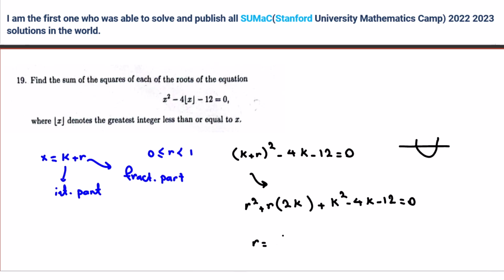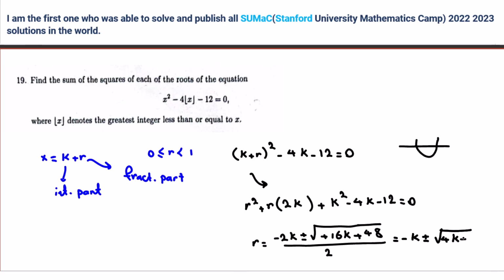Negative 2k plus or minus the square root of 4k squared minus 4 times 1 times k squared minus 4k minus 12, so it is 4k squared minus 4k squared plus 16k plus 48, right? All over 2. So it is negative k plus or minus the square root of 4k plus 12, right?